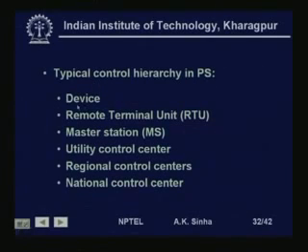The typical control hierarchy is device, then remote terminal units, master stations, utility control centers, regional control centers, and national control centers. So, from the device the information goes up to the national control center. They are concentrated at these levels and then sent further up.